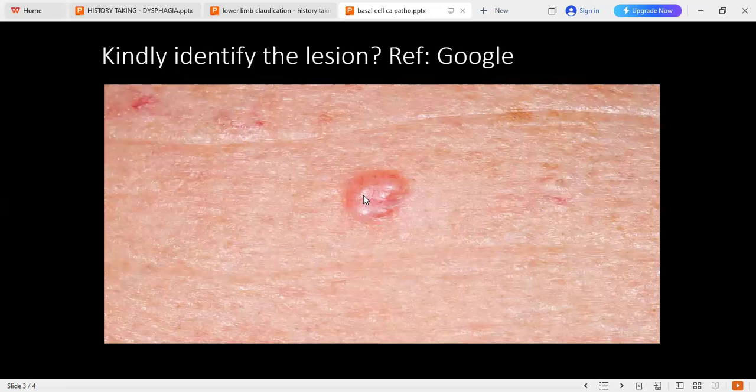A safety margin, which should be around 1 centimeter. Safety margin around 5 millimeter around the tumor. 4 millimeter around the tumor, yeah.